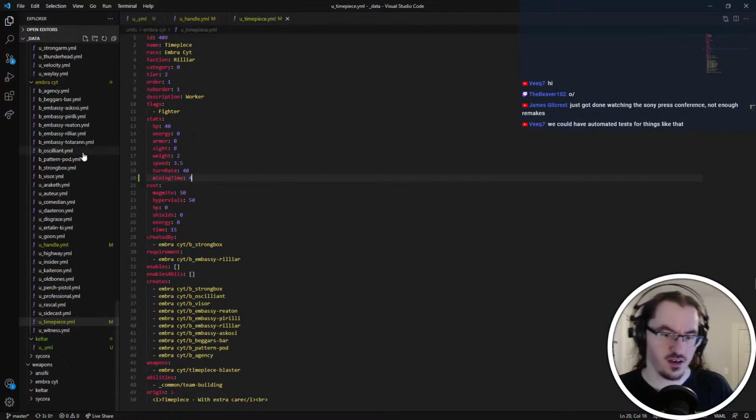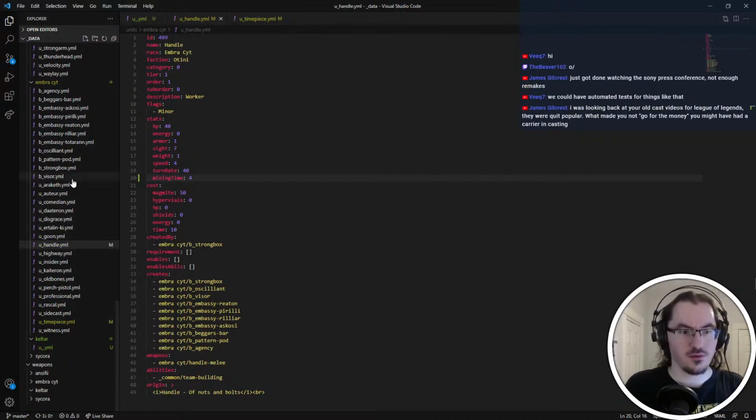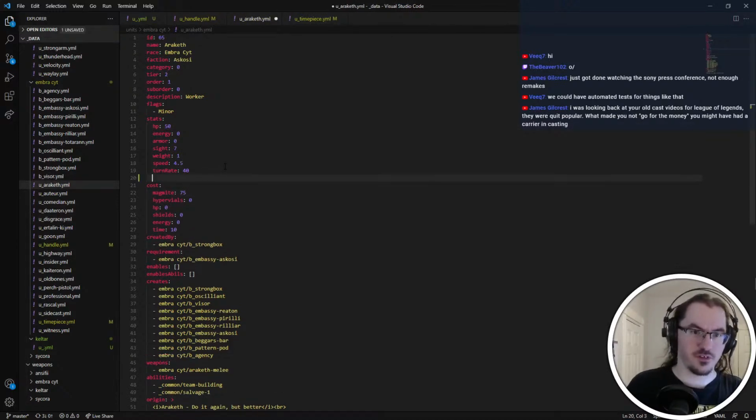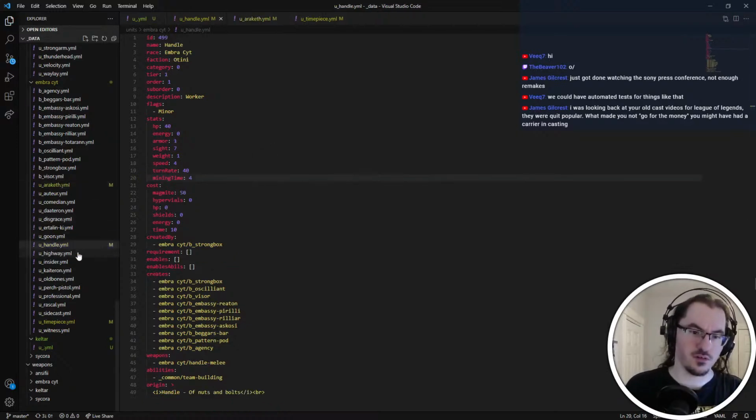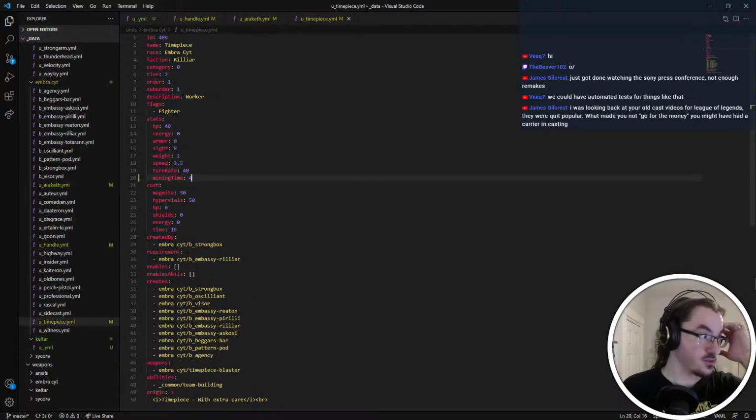This one has a ranged weapon, so there is that. And I think it was the Araketh was the worker for the Ascosi. Mining time. This one moves faster, but so we'll leave it at 4. Because he moves faster than the other workers do.